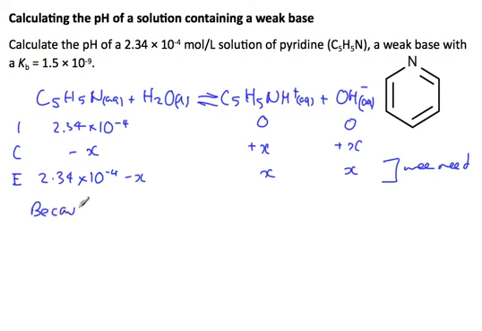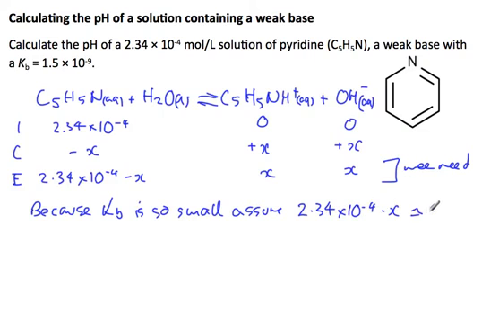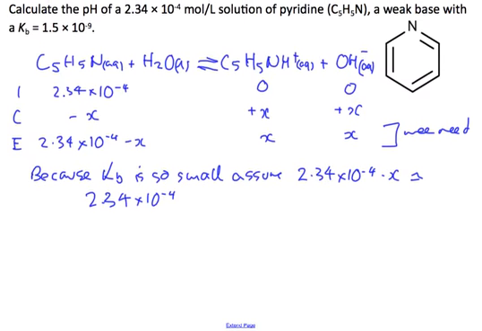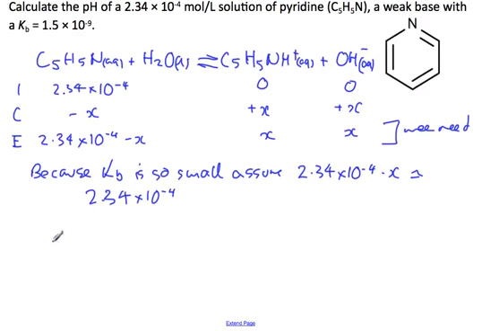So we'll do that first because Kb is so small. Assume that 2.34 times 10 to the minus 4 minus x equals 2.34 times 10 to the minus 4. So that allows us not to have to solve a quadratic equation.